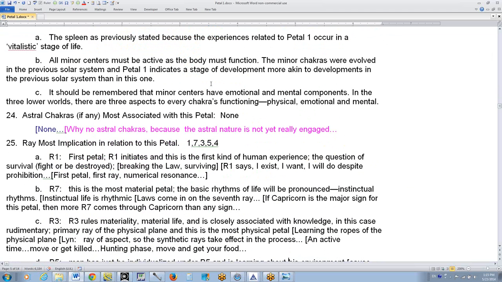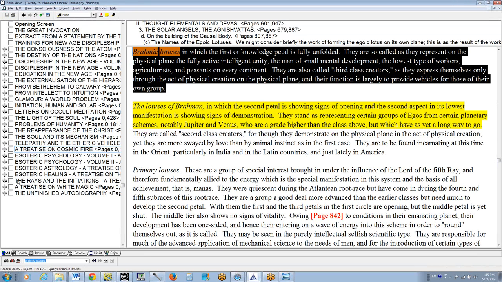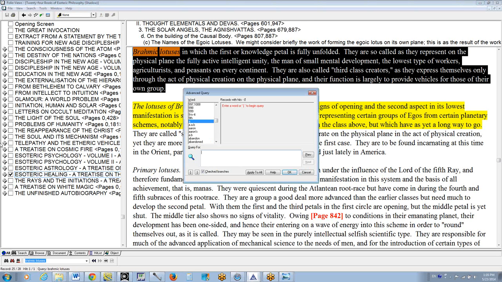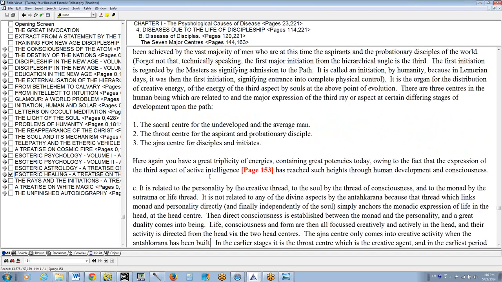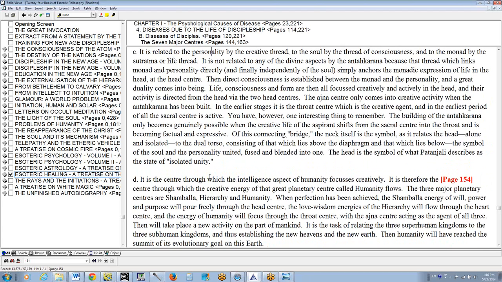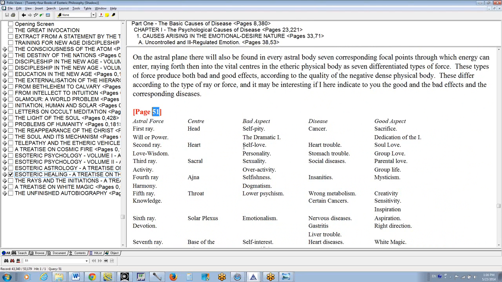All right. So, are there any astral chakras most associated with this petal? Well, I think this is on page 151 of Esoteric Healing. Let's keep one of these books for just scouting around. I'll check it out. 151. Okay. And let's see, or maybe just plain old 51. Perhaps that will do it. I think so, yes.